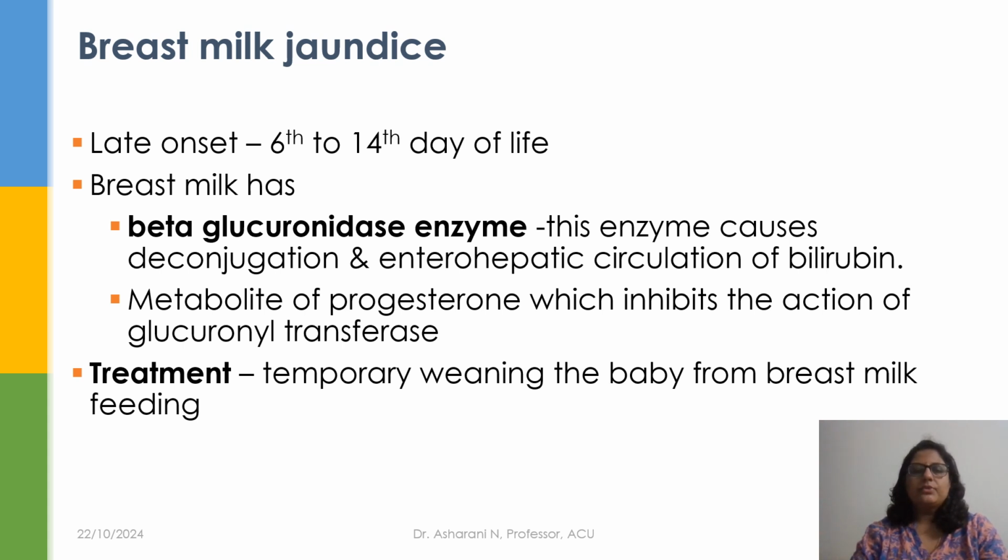Because of these two causes, a little jaundice is seen after the first week of the neonatal period. The treatment is temporary weaning of the baby from breast milk, which will bring down this type of jaundice.